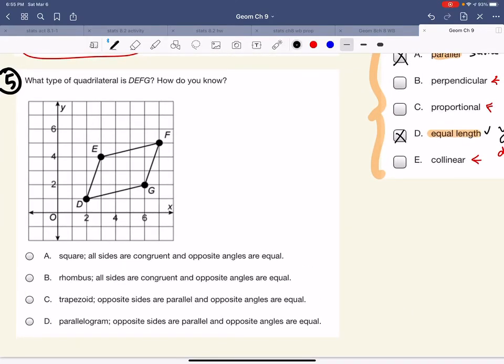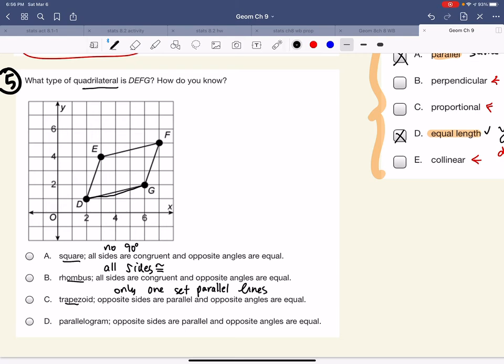All right, last question, number 5. Let's zoom on in. What type of quadrilateral is this? So it can't be a square because there's no 90-degree angles, right? It can't be a rhombus because that's all sides equal, and this one's quite a bit longer. It can't be a trapezoid because that's only one set of parallel lines.